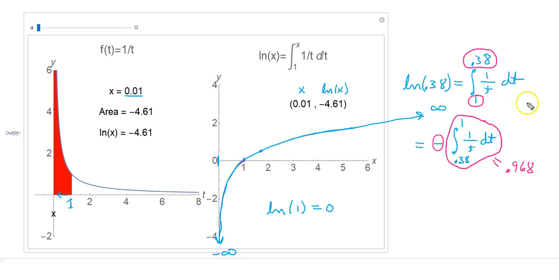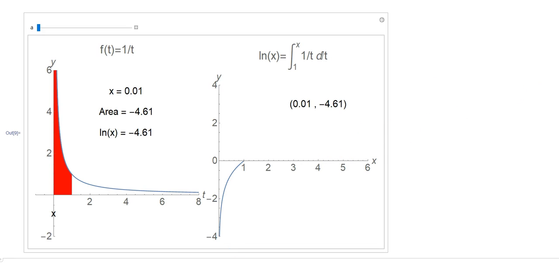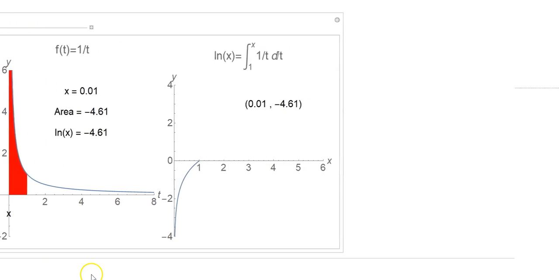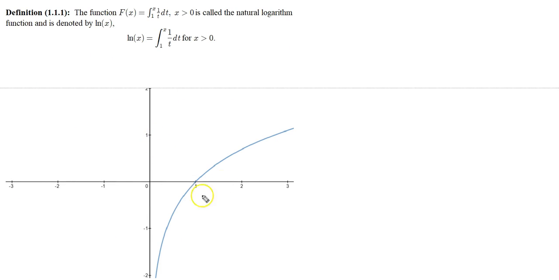Now going back to our definition, we see that this is the graph of our natural logarithm function. And once again, notice that it does go up towards positive infinity as x goes to positive infinity. Now that's something that we're going to have to prove in a second.